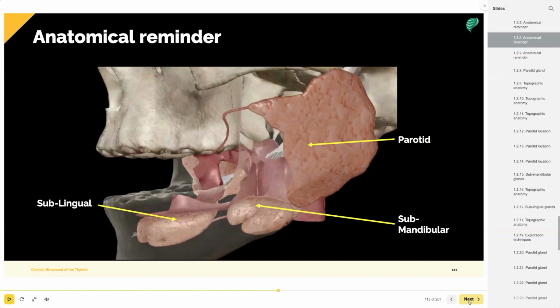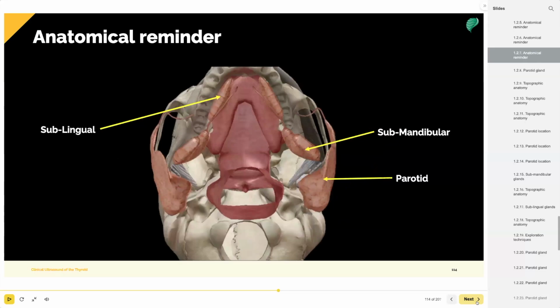Okay, this is a beautiful visual representation of the parotid gland, which you can see here, the submandibular gland, and the sublingual gland. This is another view showing the parotid, the submandibular, and the sublingual.